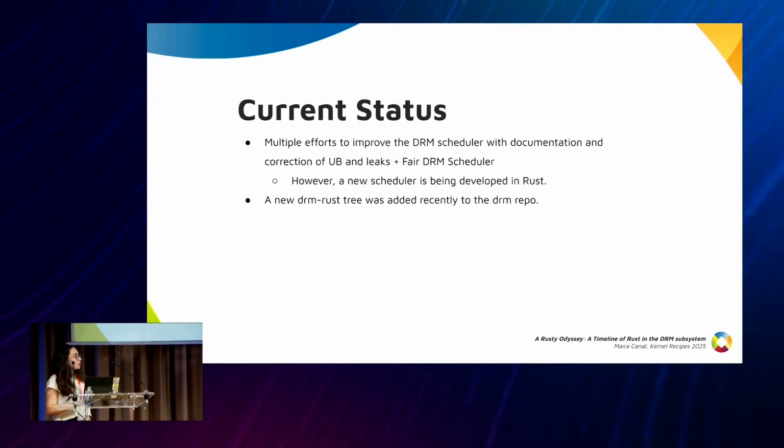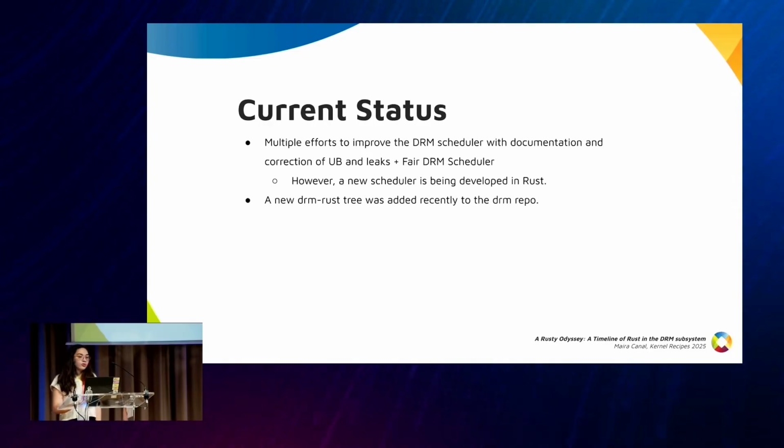And also we are seeing some effort to merge the fair DRM scheduler algorithm, which is based on the original CFS algorithm from the Linux scheduler. And this has the great potential to simplify some of the DRM scheduler inner workings, and it would replace the current FIFO and round-robin algorithms that we have in the DRM scheduler, and it would really reduce a lot of code.